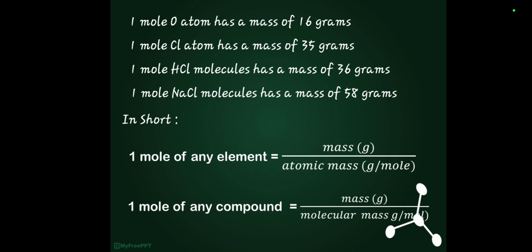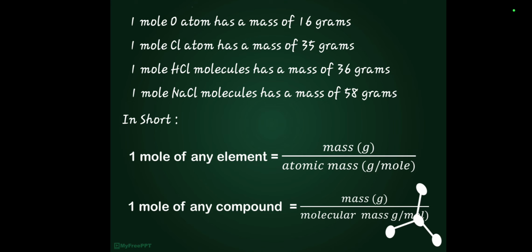So the second concept of a mole can be expressed as follows. This explains how 1 mole is equivalent to atomic weight, and why atomic weight can be called a molar mass. For example, 1 mole of oxygen atom has a mass of 16 grams. Where did we get this 16 grams? Of course, as I said, 1 mole is equivalent to the atomic weight of a certain element.